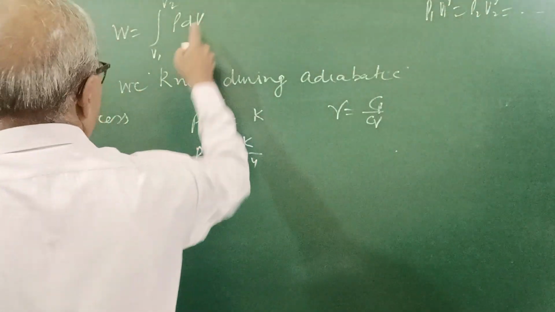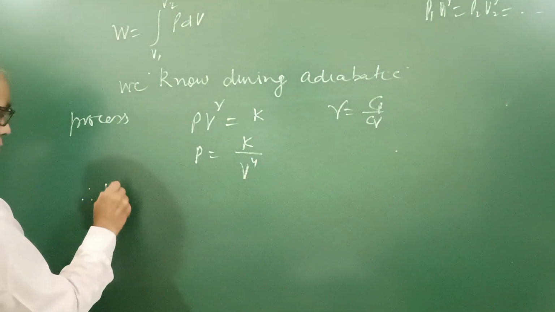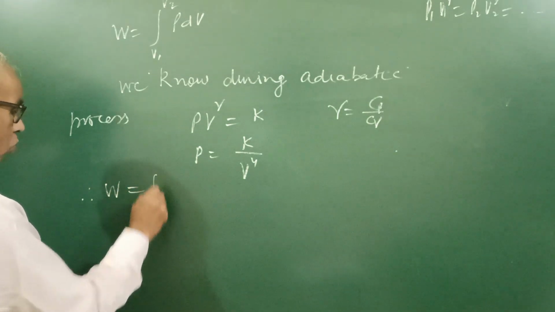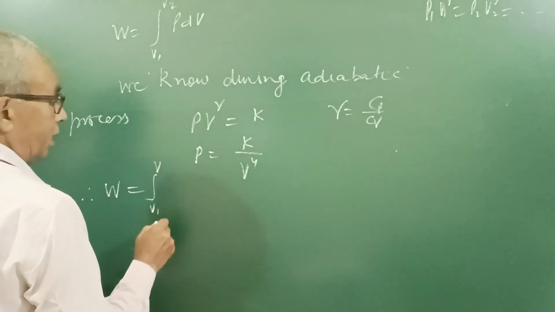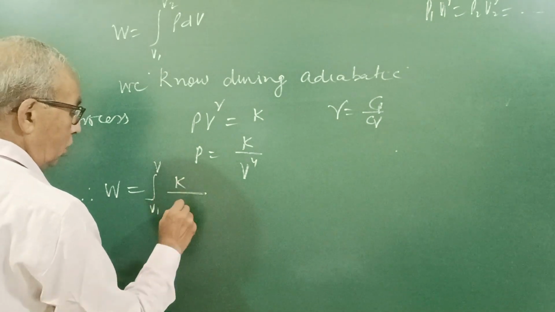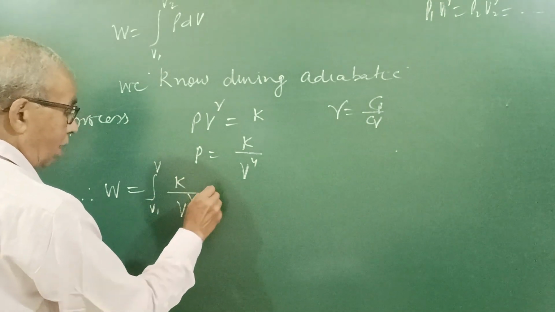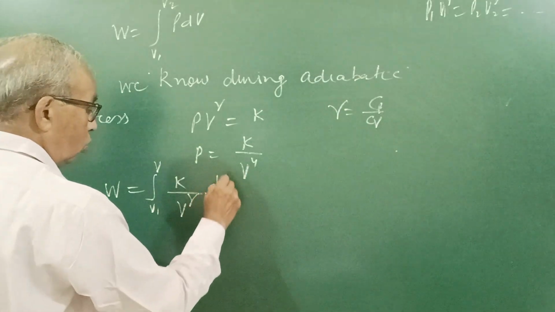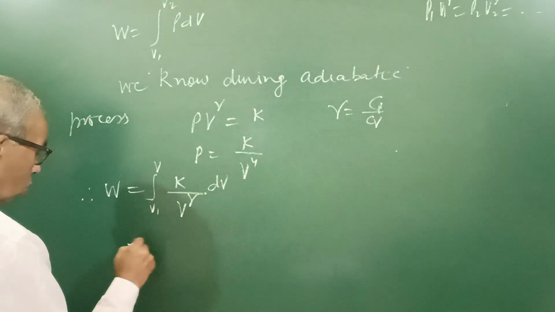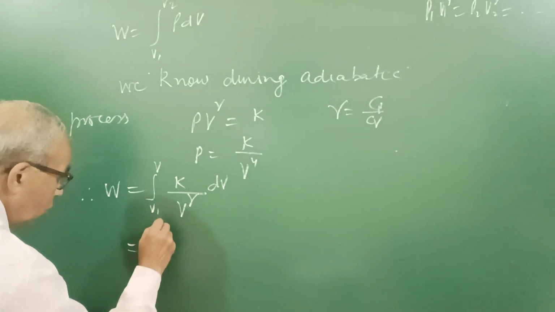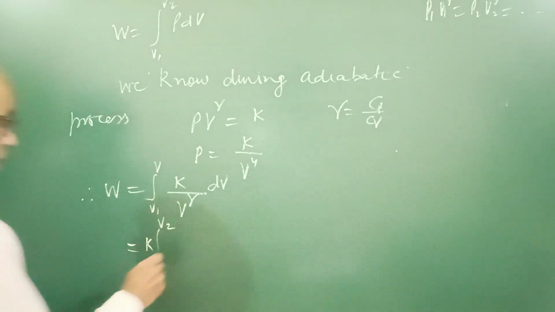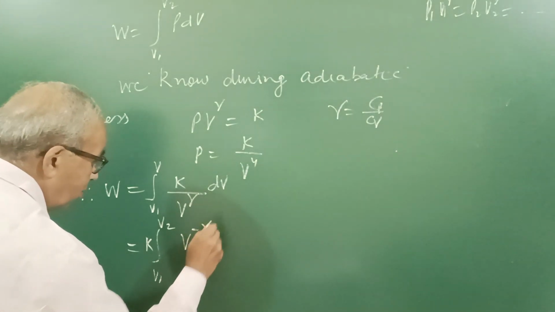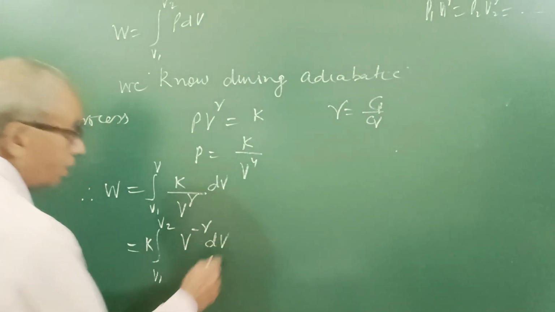Putting this value here, hence W is equal to integration V1 to V2 K upon V to the power gamma into dV. Or you can write it as integration V1 to V2, K common outside, V to the power minus gamma dV.